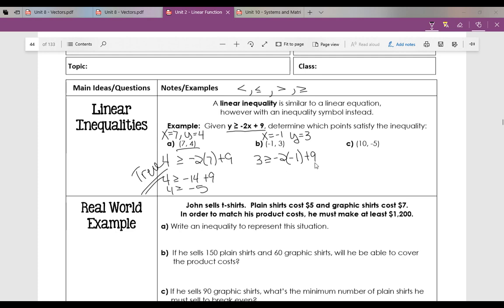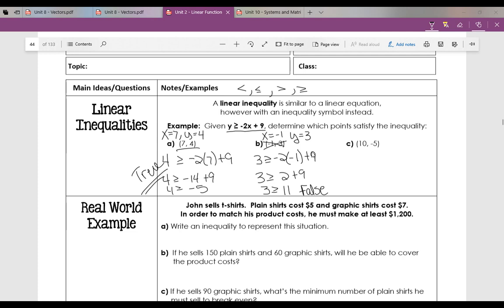We're going to do the math on the right side. So that's 2 plus 9. And this statement says that 3 is greater than or equal to 11, which is false. So this point they gave us in B is not a point that works for that particular inequality.